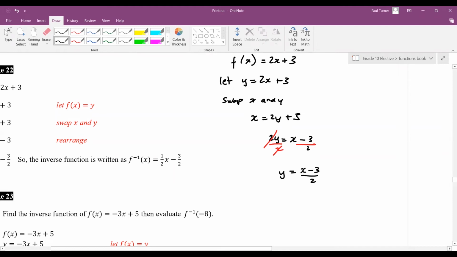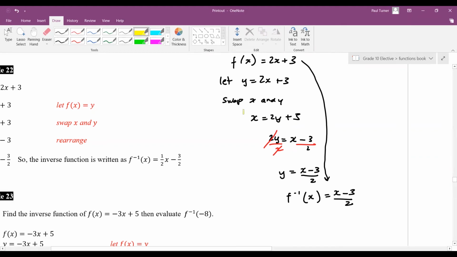This is your inverse function. So we can let that equal f inverse now. You could call it g(x), but we want to be clear it's an inverse. So it's the inverse of f(x), which is here. So that would be equal to (x minus 3) on 2.